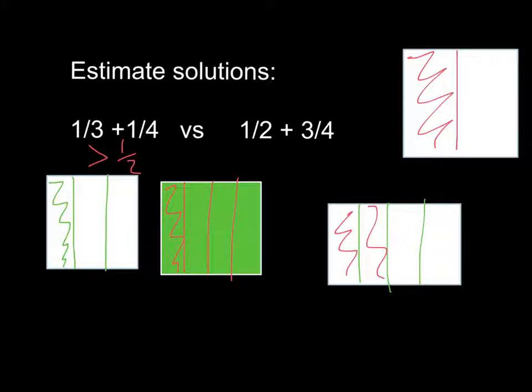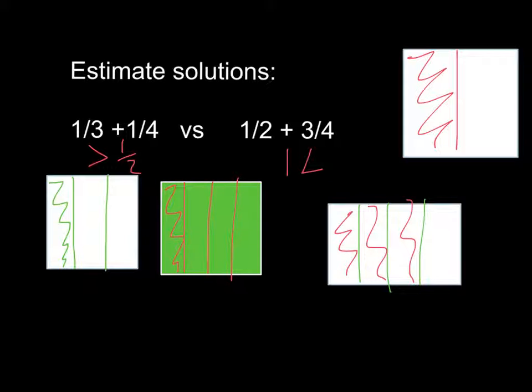So if I were to add 1/2 plus 3/4, it is greater than 1. I need to keep that in mind as I'm adding these, because then I will know that I need to do more than one rectangle to find a solution.